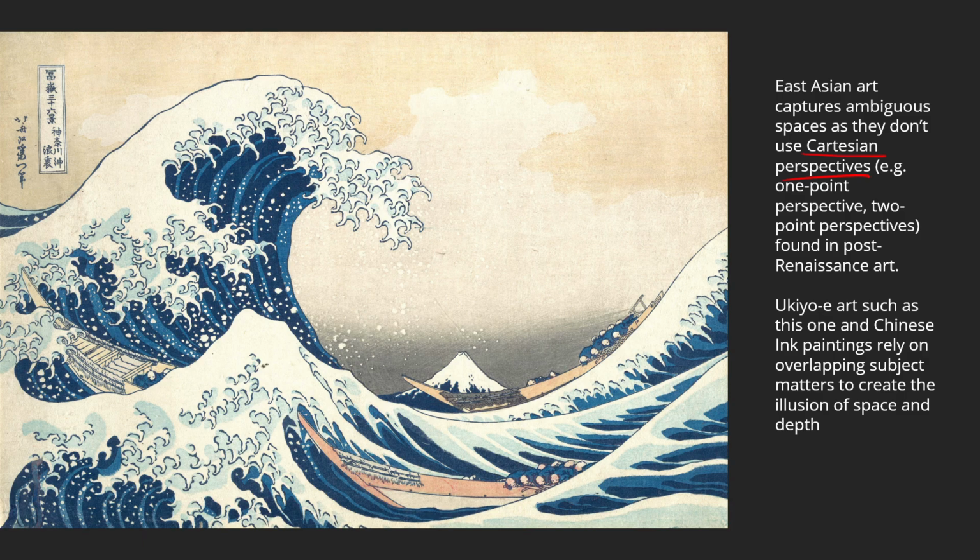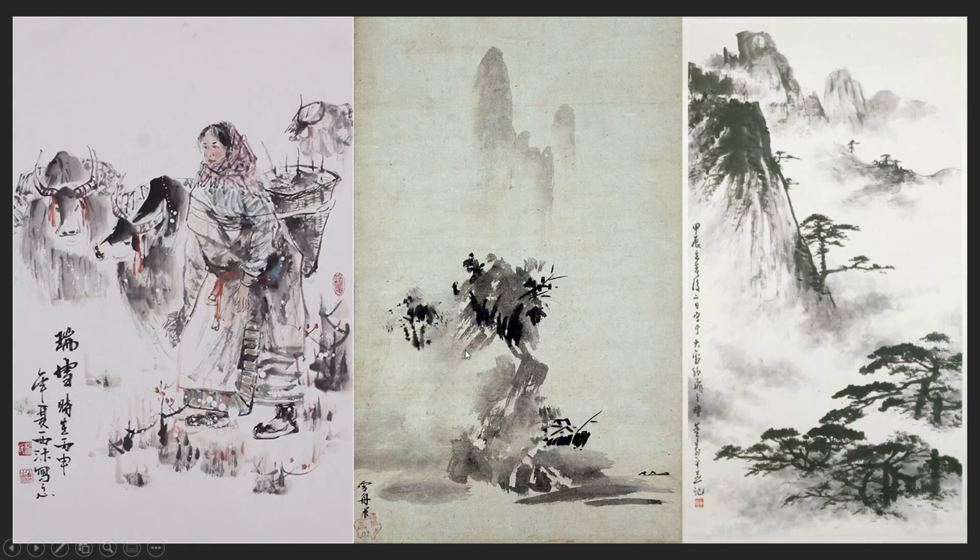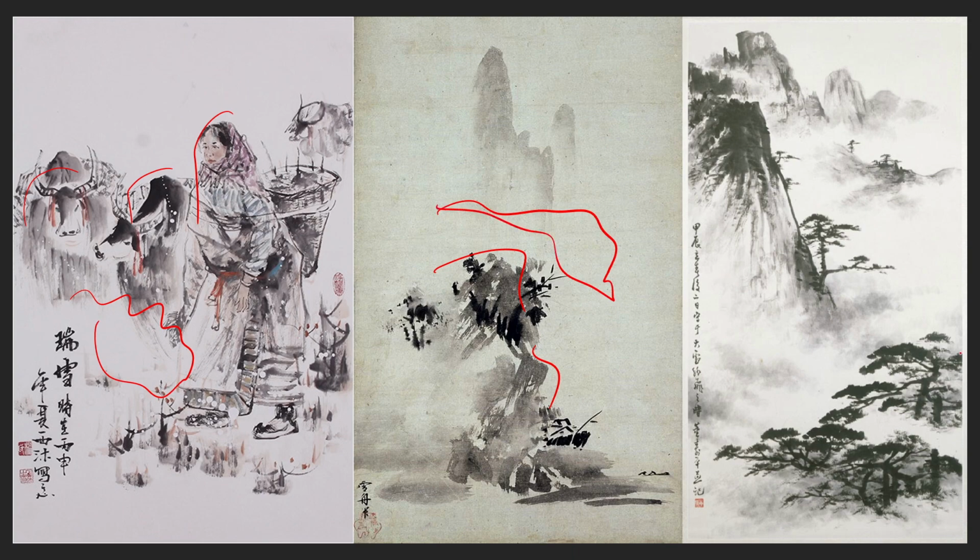So in order to create the illusion of space, very similar to Andrew Wyeth's painting, they needed to create overlapping shapes. Do you see that? Like how this thing is very blurry, how this thing is very blurry, you don't know, right? And how all these things are equally sharp, maybe here a bit blurry. How can you tell whether this is nearer to you or further away?